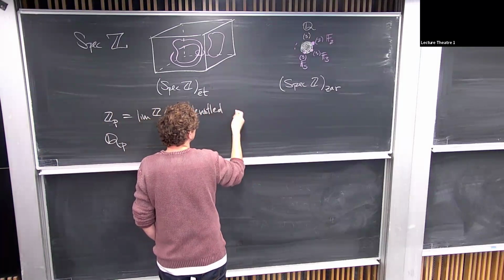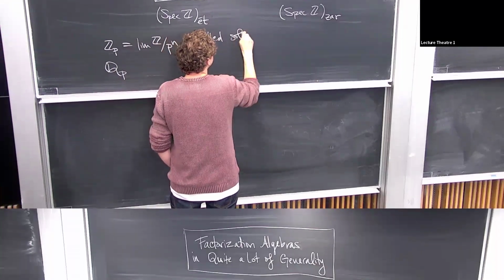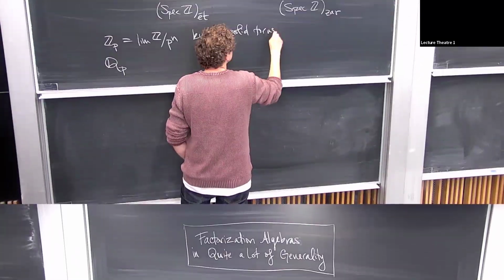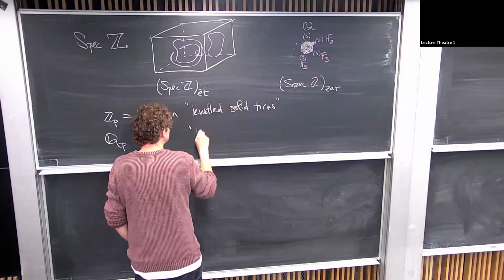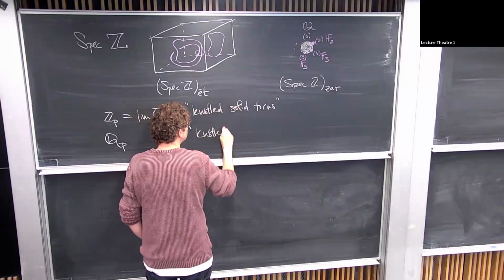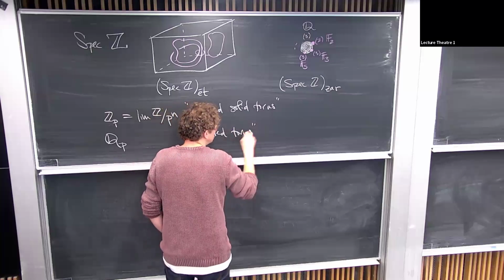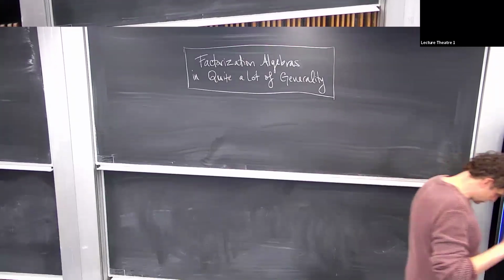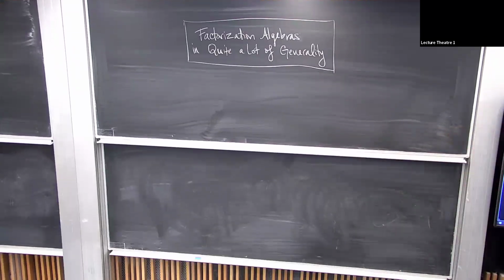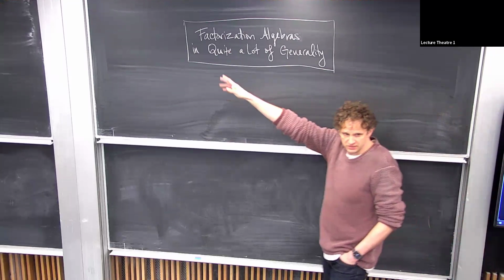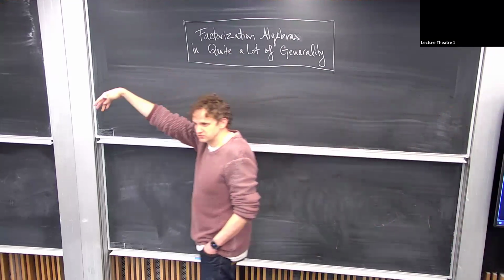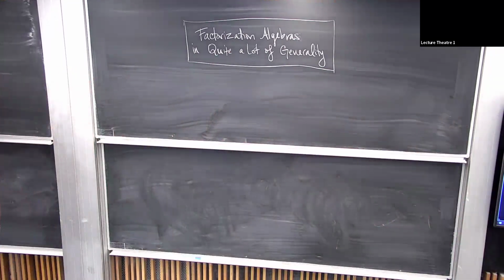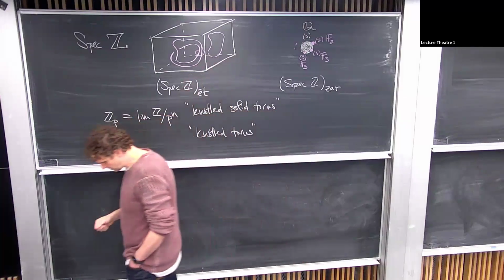I'm just going to put this in quotation marks. And this is a knotted torus. Torus might make you think things that aren't true. There's no sense in which these things are orientable. They're exceptionally far from being even vaguely orientable. They're very, very far from it.